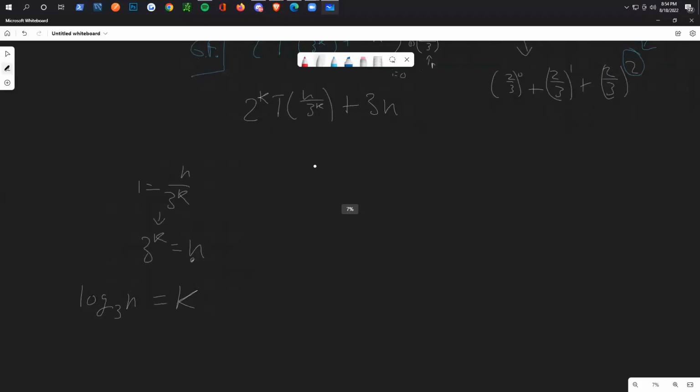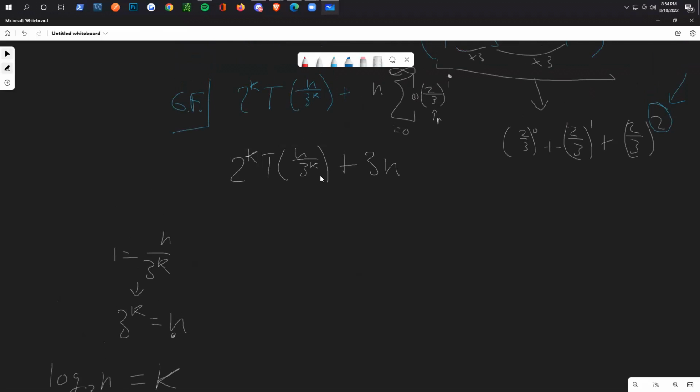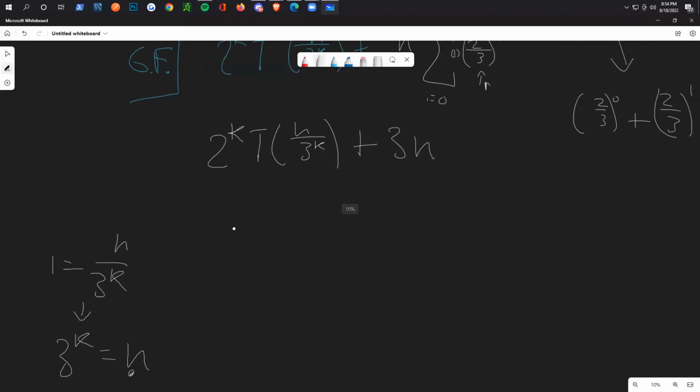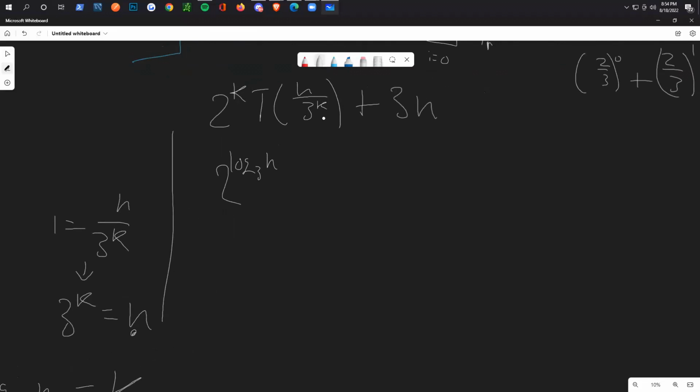Okay, and now what we're going to end up doing is plugging in k wherever we have a place to plug in k. So let's just see in this function, where can we plug in k? So let's plug in k right here. So we're going to have 2 to the power of log base 3 of n. And again, this just ends up going to 1. So this is times 1.